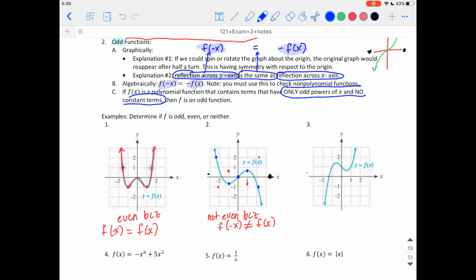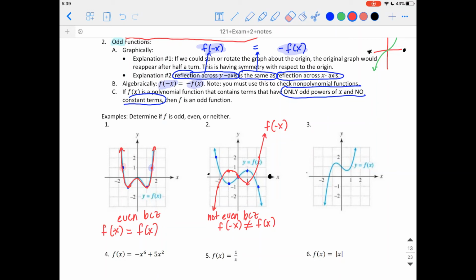And this point right here, if I were to reflect it across the y-axis, it would stay right there. And so again, this is the reflection across the y-axis in red.